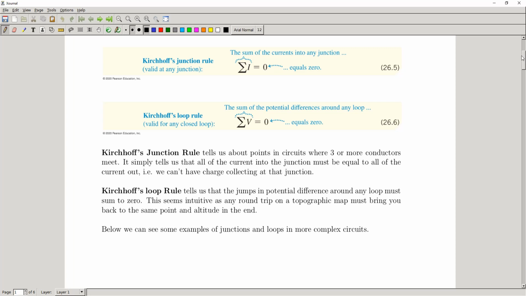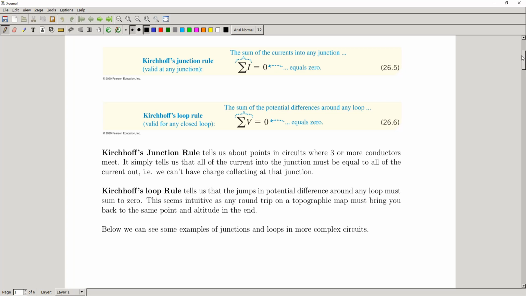Kirchhoff's loop rule tells us that these jumps in potential difference around any loop have to sum to zero, and this makes intuitive sense if we think about it, because whatever potential we start at at some point on our circuit diagram, if we go around a full loop and we end up back at that same point, we obviously have to be at the same potential.